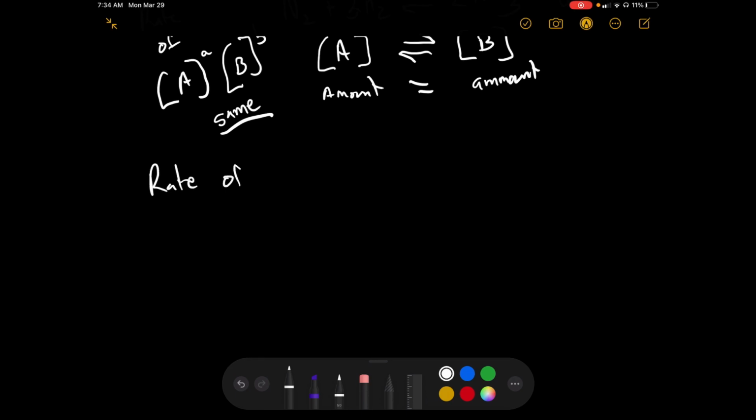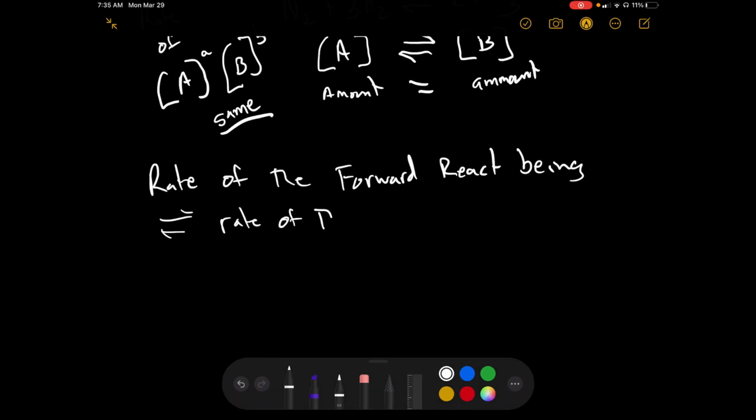Let's just refresh real quick, it's all about the rate of the forward reaction being equal to the rate of the reverse reaction.